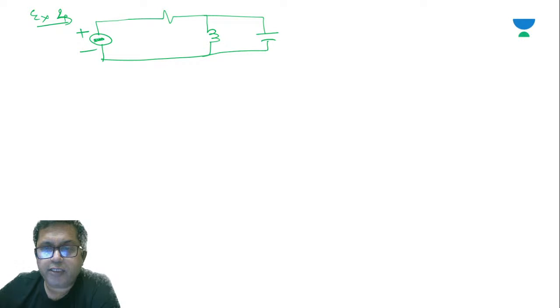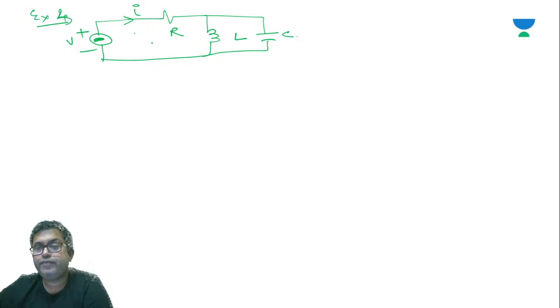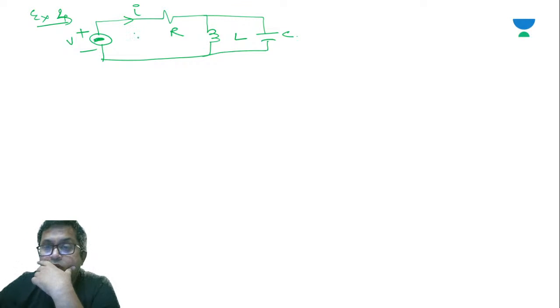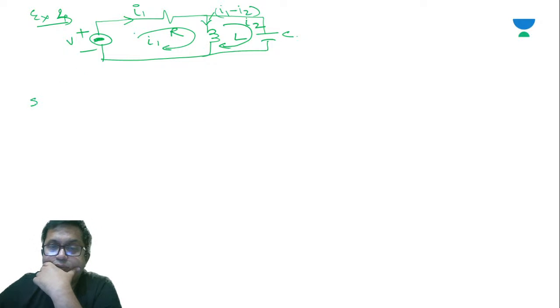This is not AC, this is a DC source V. This is R, L, C. This is I. So let this loop current be I1. Let this loop current be I2. This current is I1 minus I2.